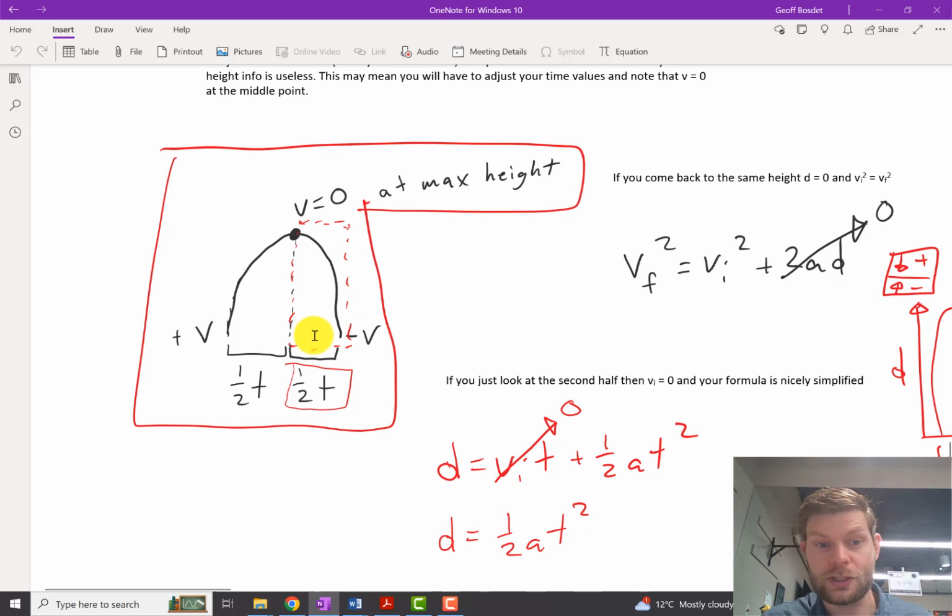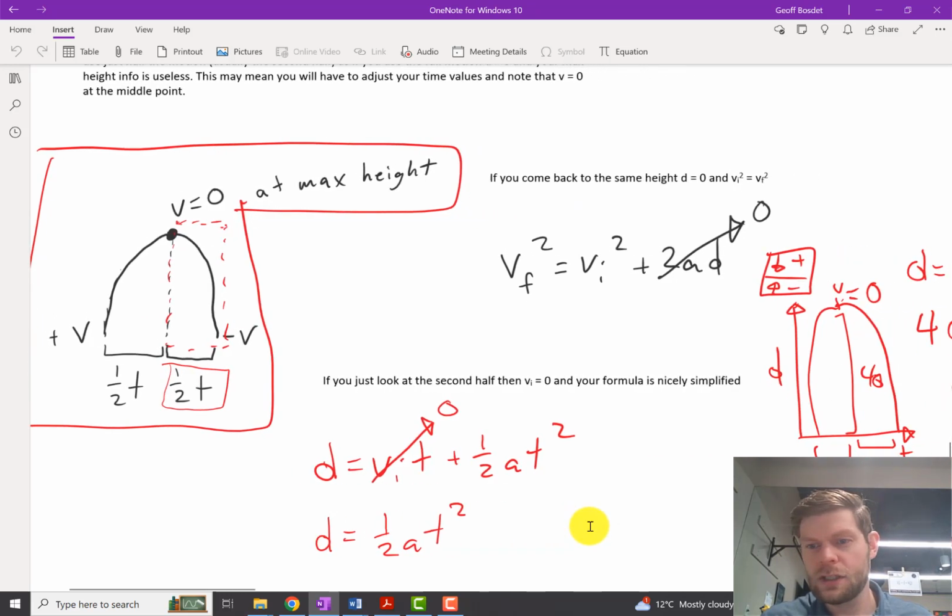So if I told you it took 5 seconds to go up and come back down, and I asked you for the max height, if you're just looking at the second half of the motion, you just have to do 1/2 times 9.8 times half the time squared. So if it was 5 seconds to go up and down, it's just going to take 2.5 to come down. And that would give you your answer.